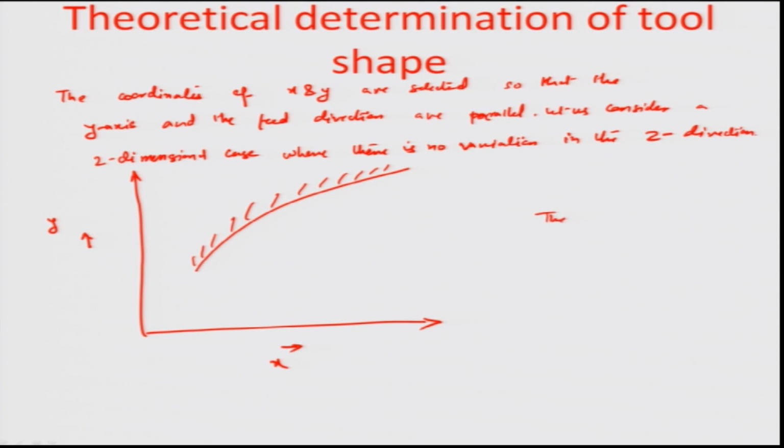So, the work surface geometry here is prescribed to be y equal to phi x, and let us suppose there is a point here P which is determined by the coordinates x w and y w.